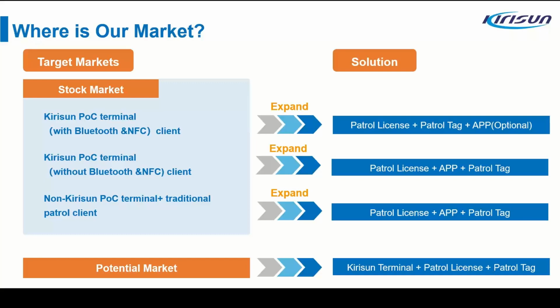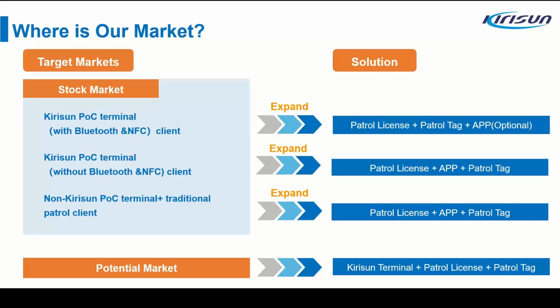If they already have Kirisun terminals and the terminal supports GPS, Bluetooth, and NFC, what you need to do is just enable the patrol function through the NMS and deploy the patrol points for them, such as Bluetooth and NFC indoors and GPS outdoors.